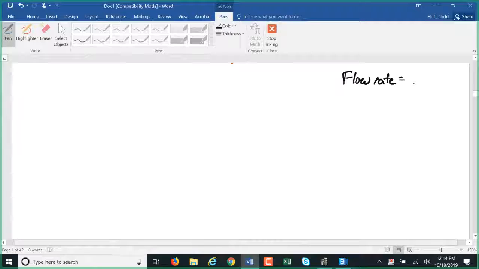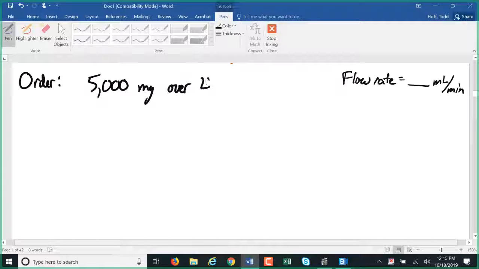Sometimes we want our flow rate, rather than in milliliters per hour, in milliliters per minute. So our order might be 5,000 milligrams over 4 hours.